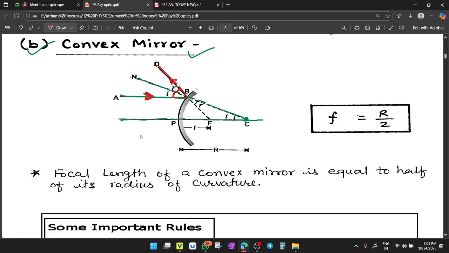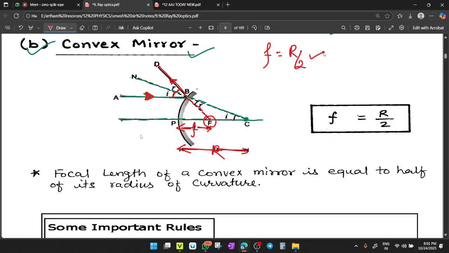Now extend this ray inside the mirror and you will have a point, that is the virtual focus. The reflected ray appears to come from that point, which is called the focus. So again, this is small f, positive f, and R is also taken as positive as it is in the direction of the incident ray.